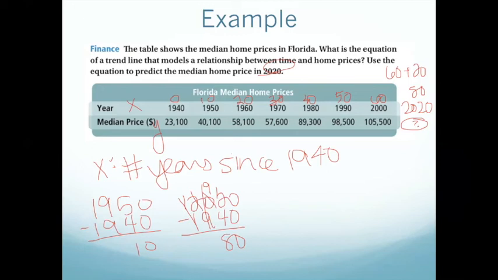Okay, so let's take a look. Once you have your lists typed in, 0, 10, 20, 30, 40, 50, 60 for your X values, and then the prices for your Y values, we have to select our window. So let me clear this off.